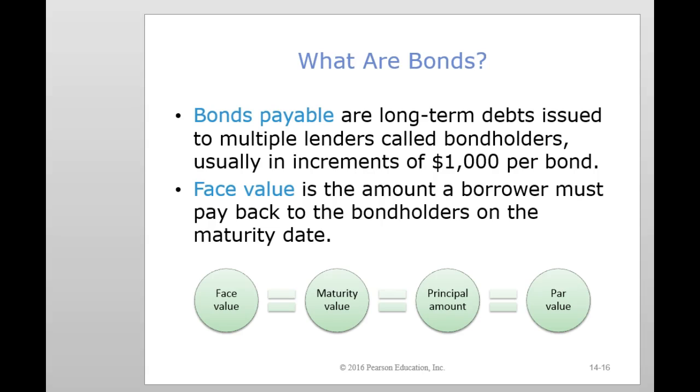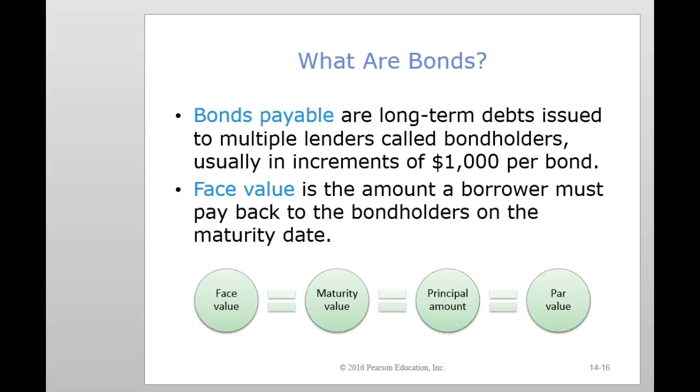So each bond has a face value, and that is the amount the borrower must pay back to the bondholders on the maturity date. You being the borrower. Now, does that make sense? You're issuing these, and you are borrowing money with this bond payable.